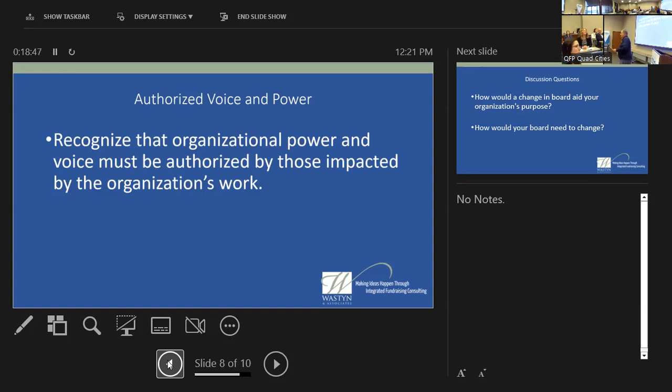So anybody want to take a stab at what the current board composition is? And I'll share the link to the data that BoardSource collected. What percentage of board members do you think are white? 78%. 19% of boards are all white.